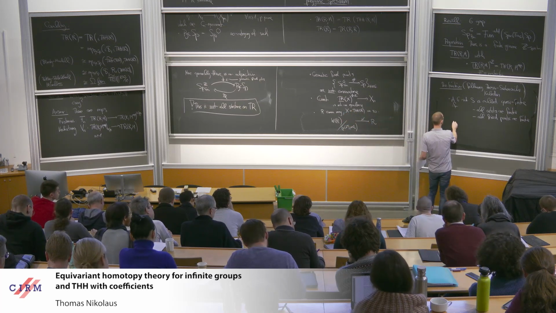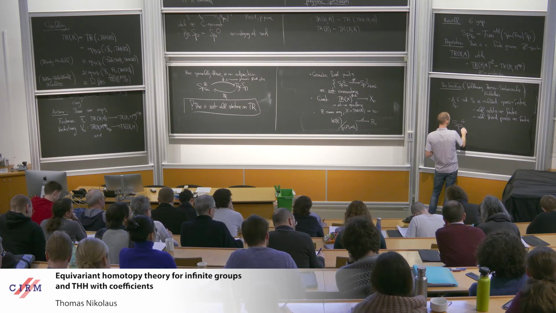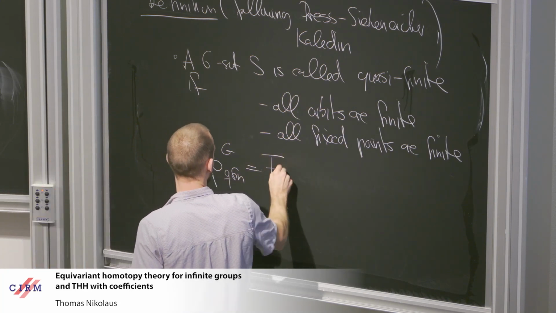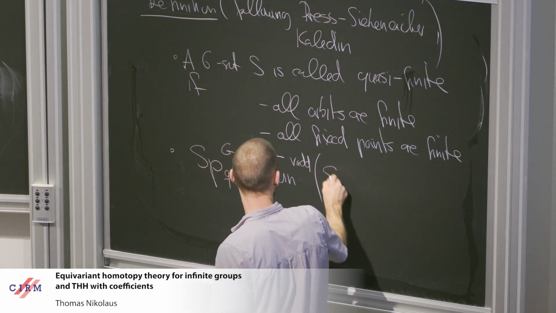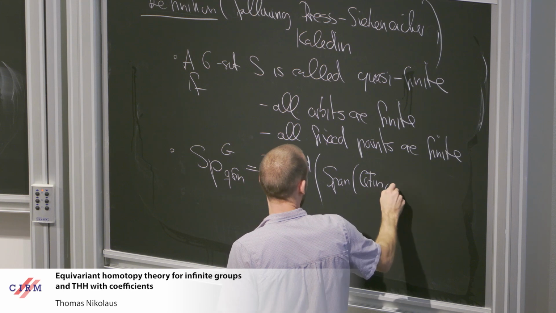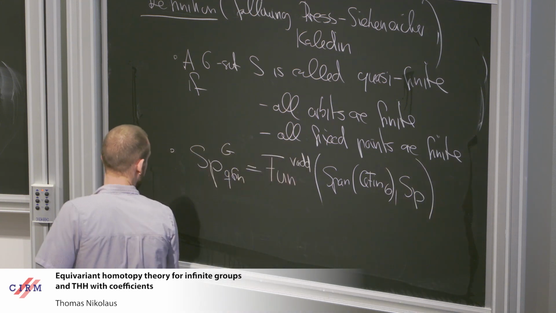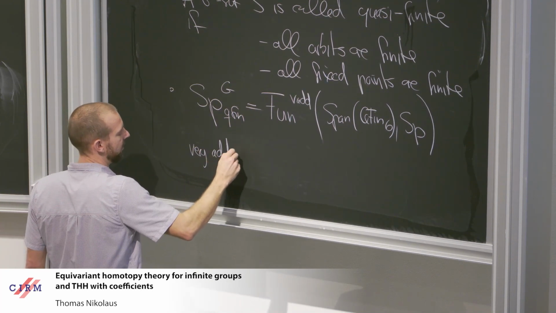And then, of course, once you have that in place, you can define a bigger version, which we call quasi-finitely genuine spectra. And this is just very additive functors. I'm going to say what very additive means, from the span category of quasi-finite G-sets into spectra. Very additive means the following.